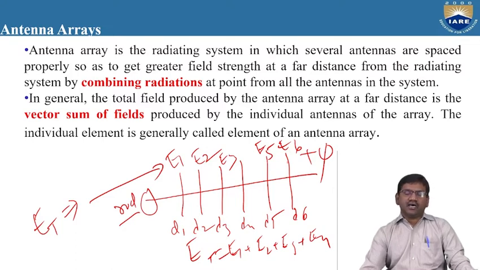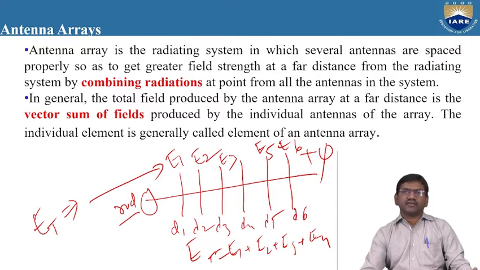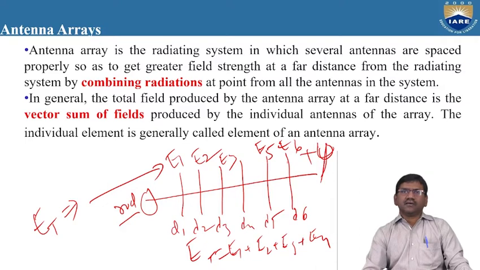Every element of the array will have some field strength and some phase, which means there will be some phase difference between the individual elements, that is E1 and E2, or E2 and E3, or E3 and E4, or E5 and E6. The phase differences we generally refer to by the symbol psi. So ET is nothing but the vector sum of field strengths along with some phase difference between the elements.